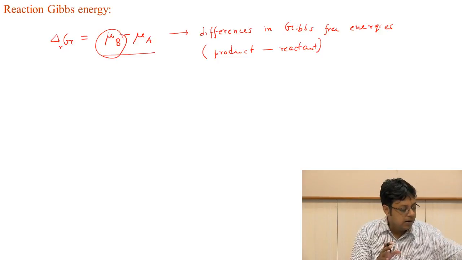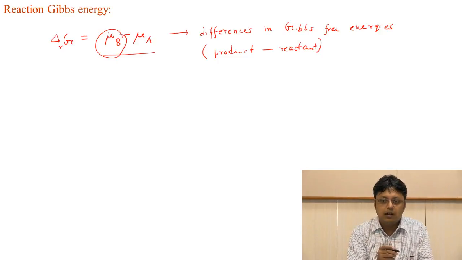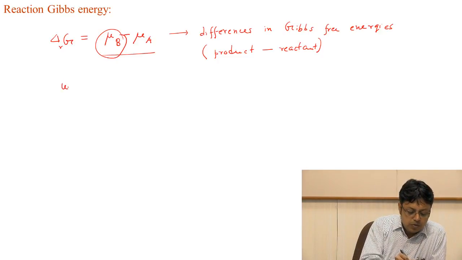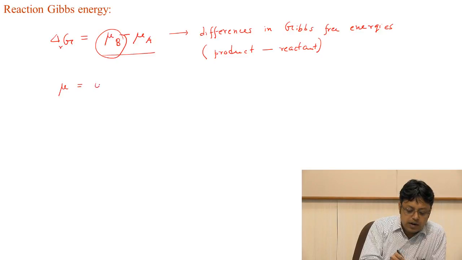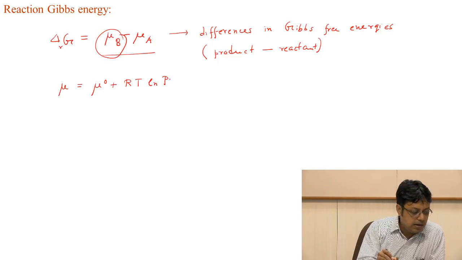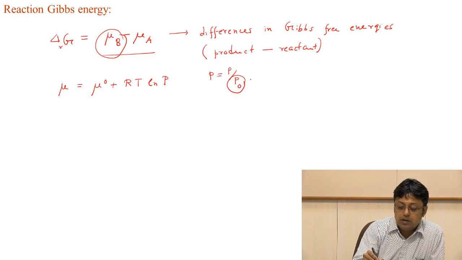But before that, let us discuss a very general case where any chemical potential, say mu, of any species, we can write as mu0 plus RT ln P. And remember that this P is nothing but P by P0, because we always have to say that it is taken with respect to a standard state.